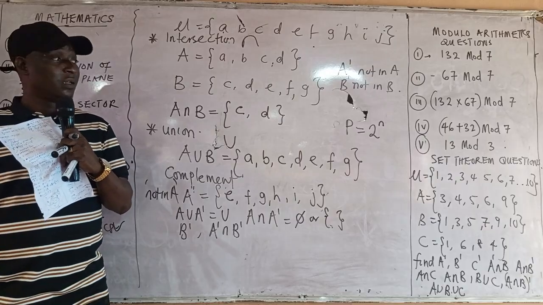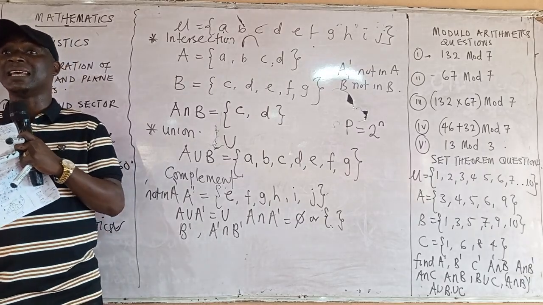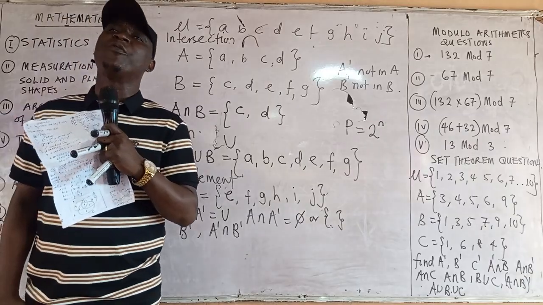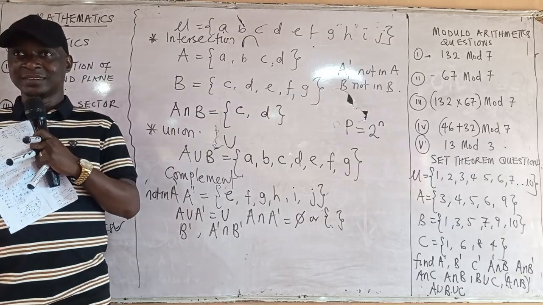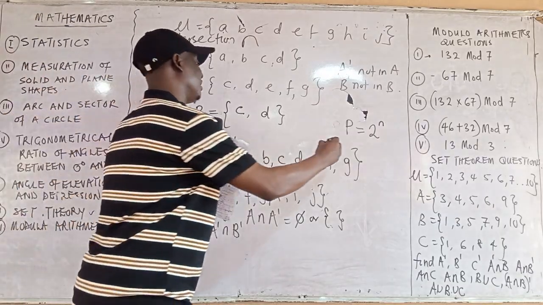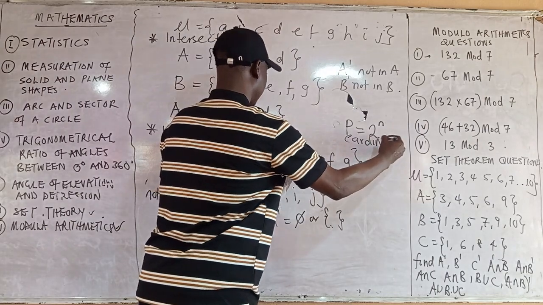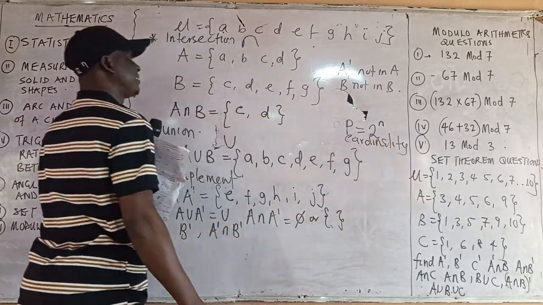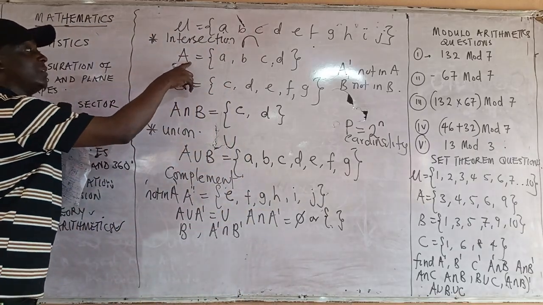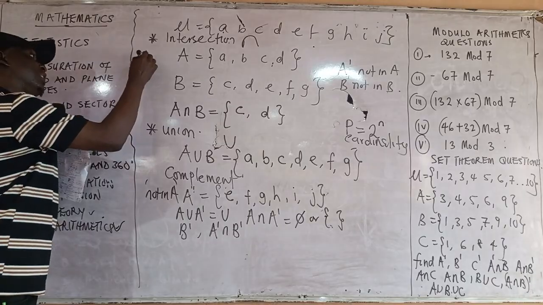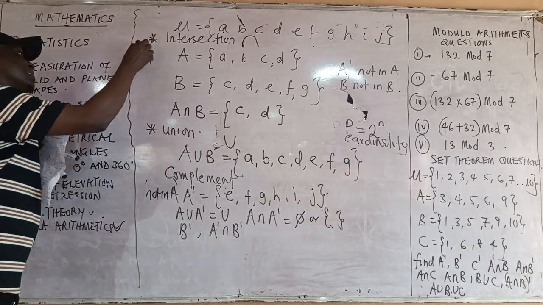Number of what? Elements. The number of elements is also known as cardinality. How do we signify that? If I want to write the number of elements in A, I write it as n(A).